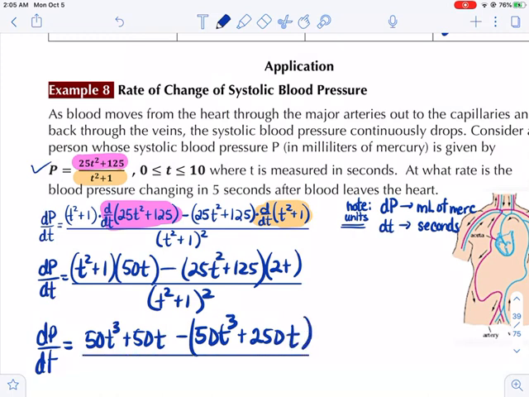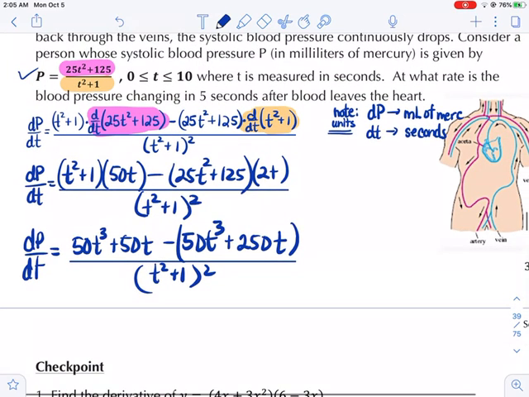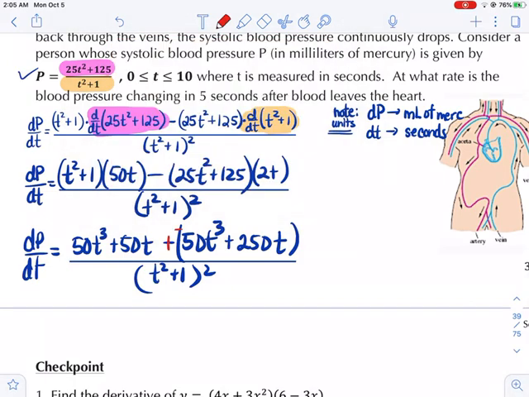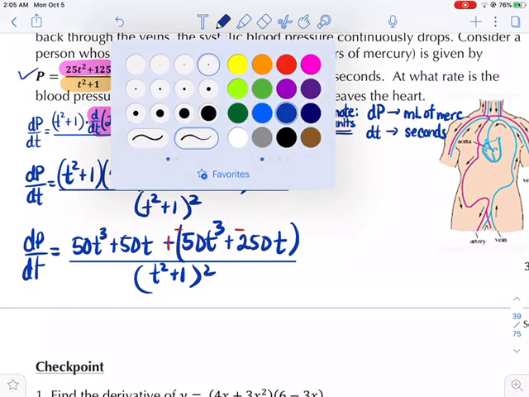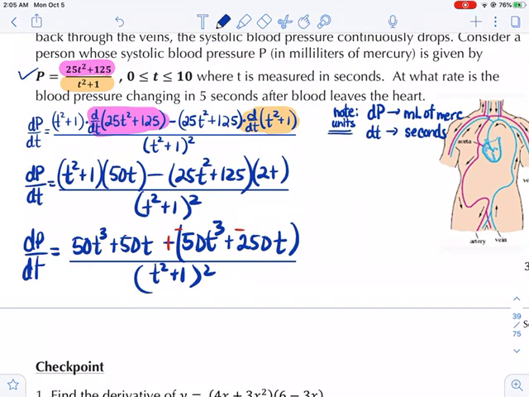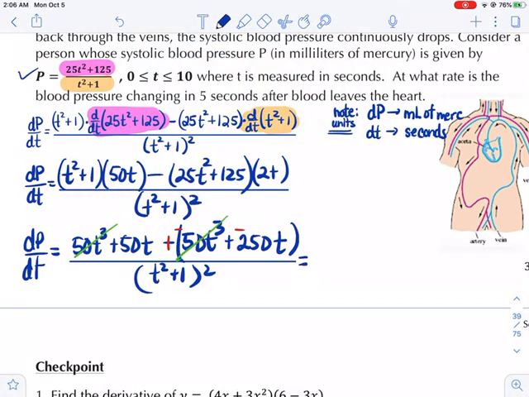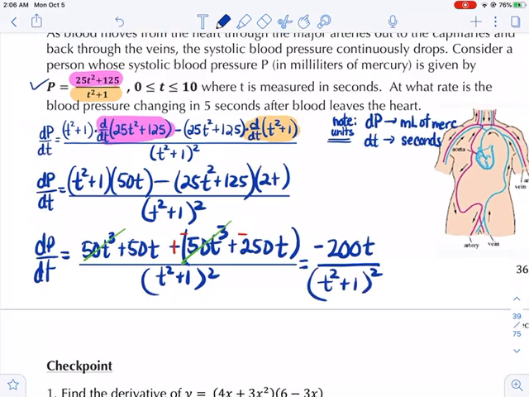That's all over t squared plus 1 squared. And then I'm going to cancel here: minus minus becomes plus. So I end up with these two canceling, and so I end up with a derivative that's equal to negative 200t over t squared plus 1, the quantity squared.